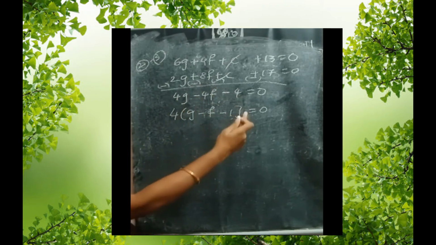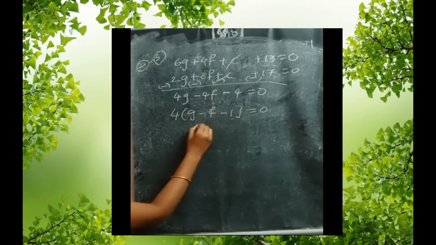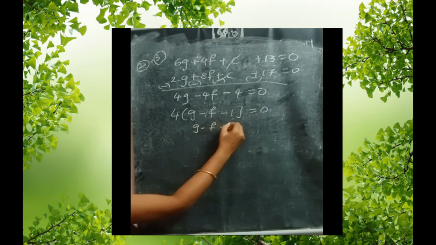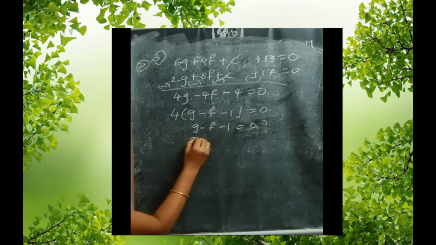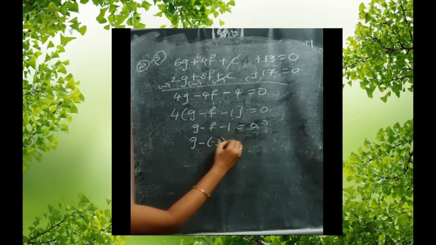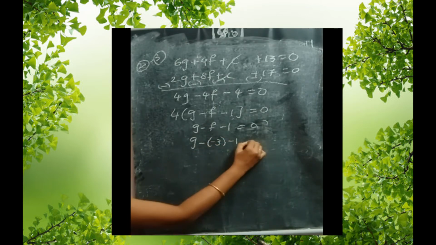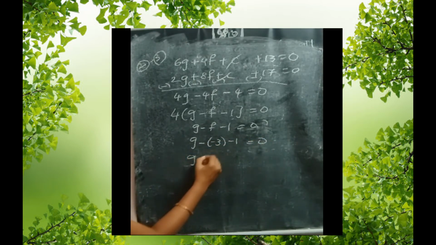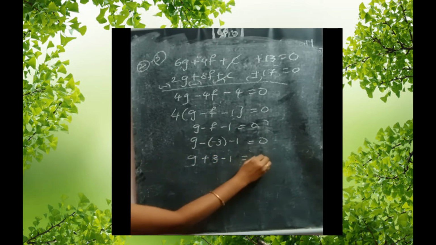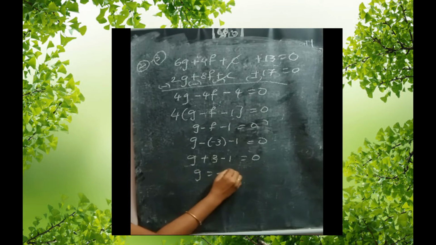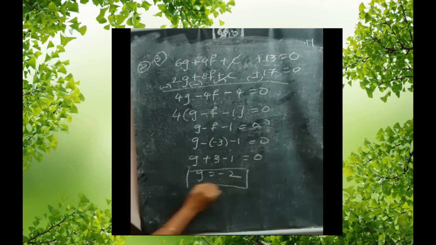If 4 goes to the other side, it becomes 0. So g minus f minus 1, with f equal to minus 3: g plus 3 minus 1 equals 0. Then g equals minus 2.